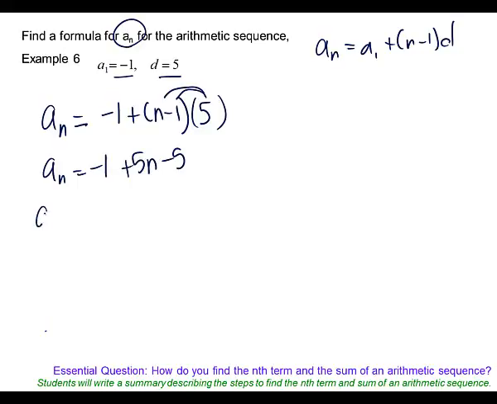I could probably simplify that, right? So 5n, what's -1 and -5? -6. That's what they're looking for. Like in the last example, it gave us this and wanted us to create the sequence, right? So it probably came from a formula, or we could have gotten it from the formula there.